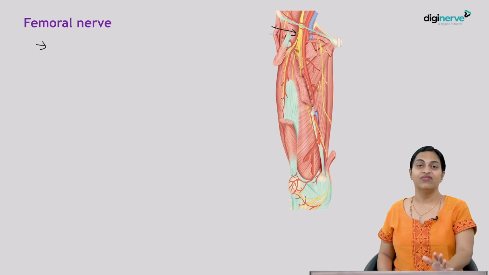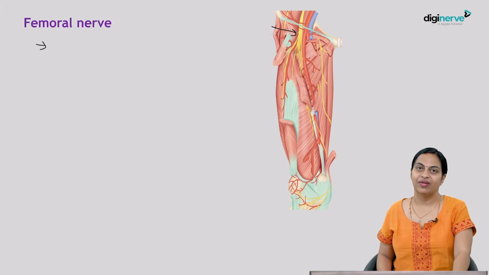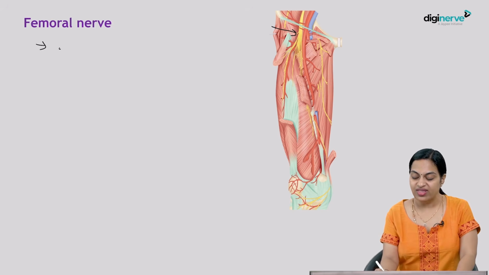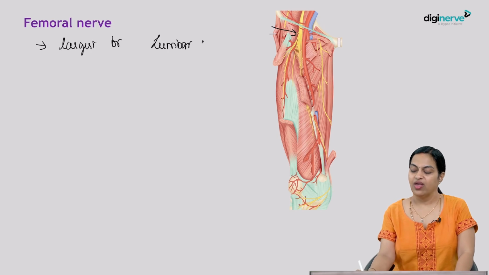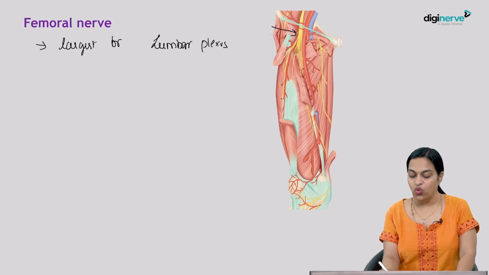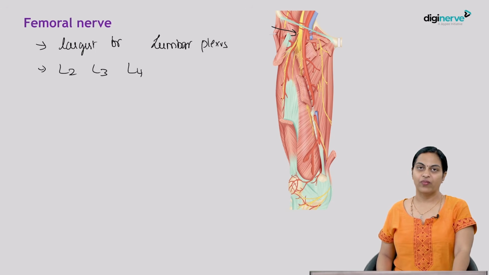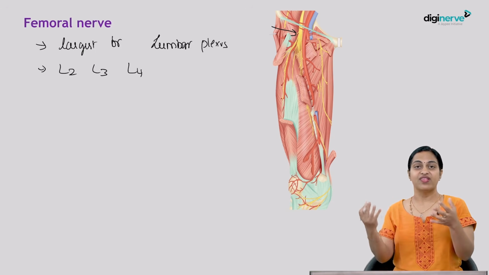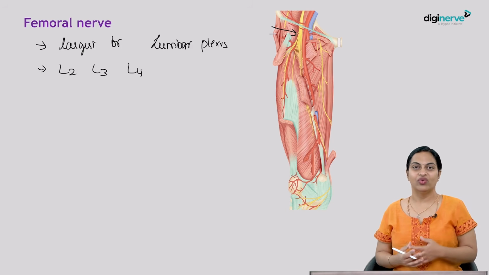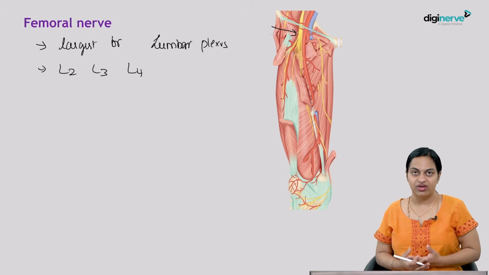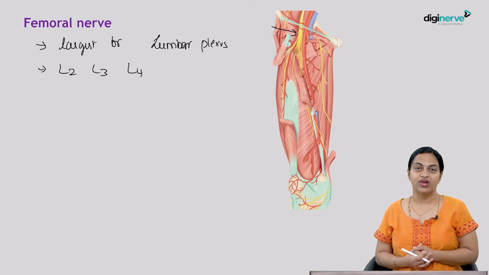It is the nerve that you see in the front of the thigh. It is the largest branch coming from the lumbar plexus, with the root value L2, L3 and L4. The lumbar plexus lies within the psoas major. I told you about the very first case scenario we started with in the introductory part of the session, right? A psoas abscess in the front of the thigh.